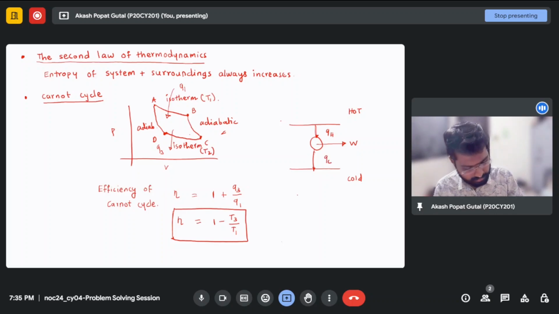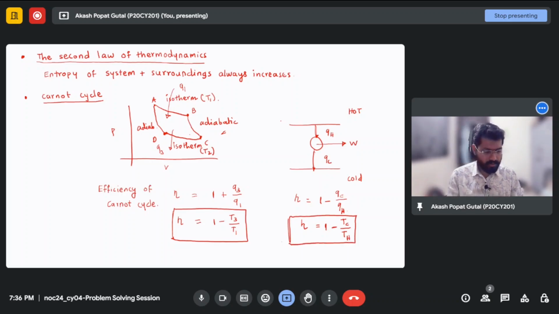We can define the efficiency as 1 minus QC by QH, which is 1 minus TC by TH, the cold divided by the hot temperature. Okay.